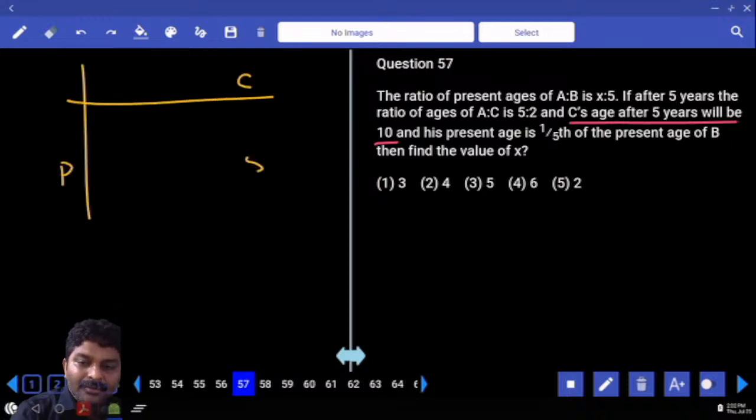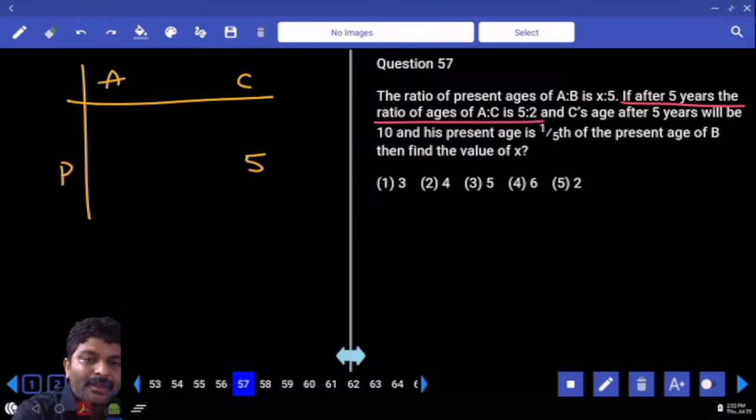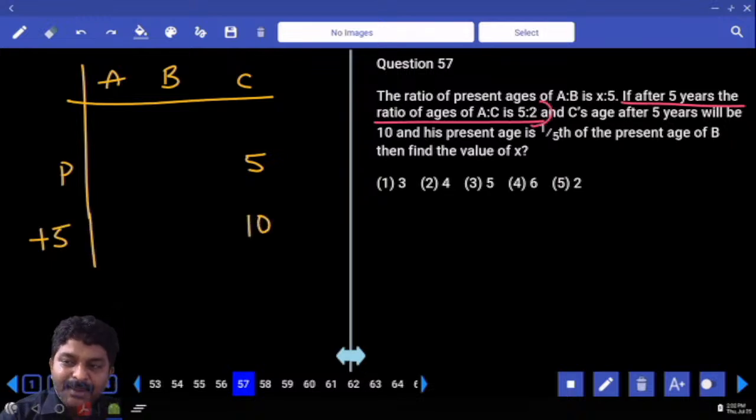After 5 years, ratio of A and C mentioned as 5 is to 2, right? After 5 years, C will be how many years old? In terms of parts, which is 2 parts, right? Then one part is 5, and A at that time will be 5 parts. That means 25. That means age of A is 20.